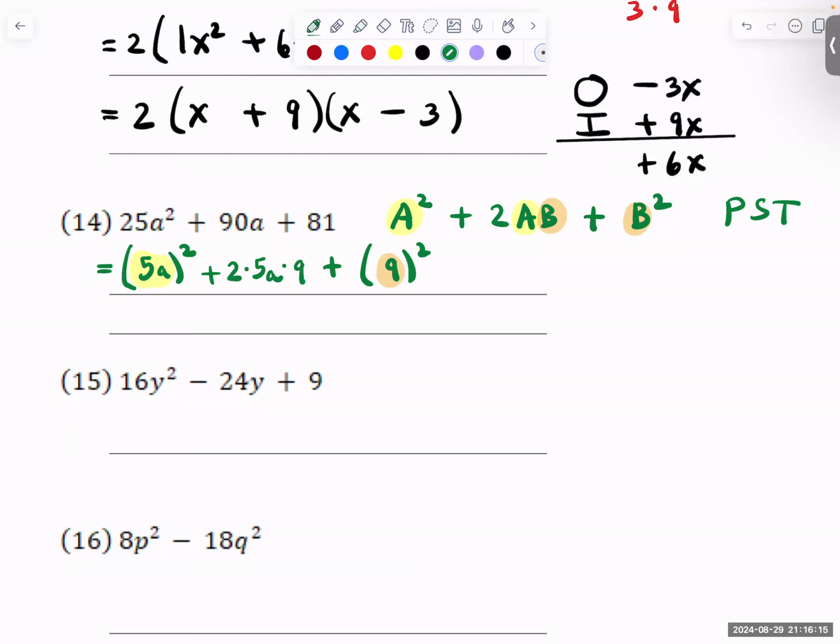So in the middle, 2 times 5 is 10, times 9 is 90a. So this confirms we have a trinomial that fits the special pattern for a perfect square trinomial and thus is factorable.